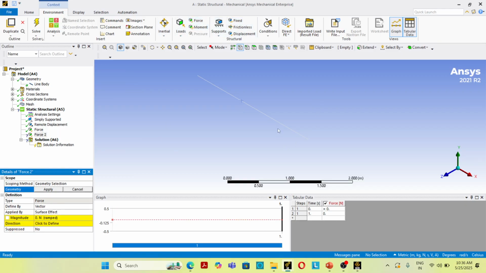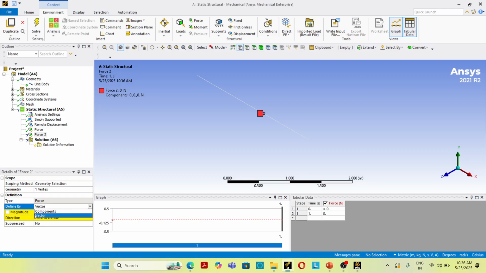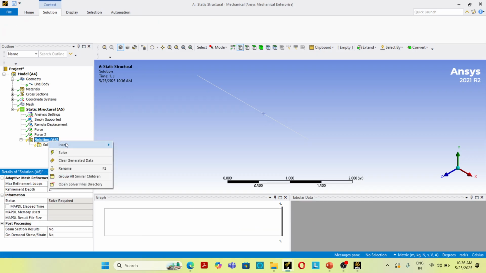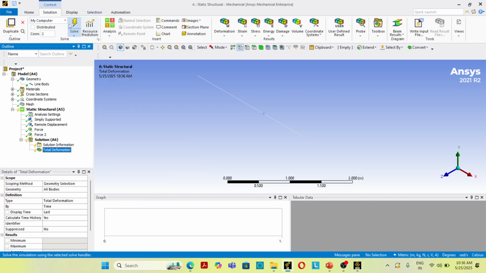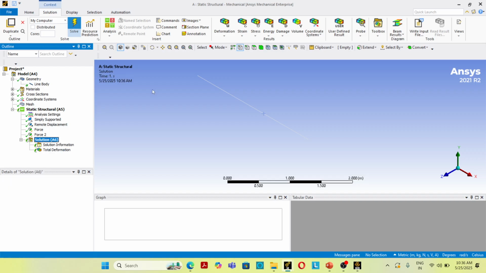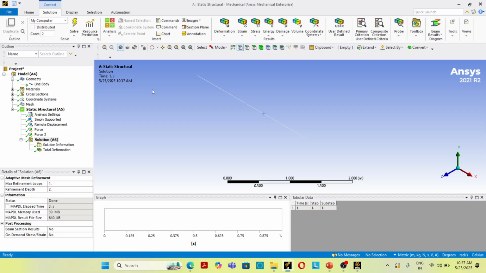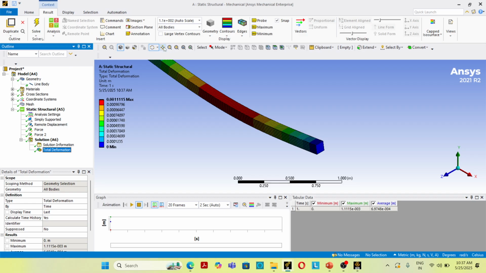Then again go to force, then solution, insert deformation, total. So this is the total deformation.